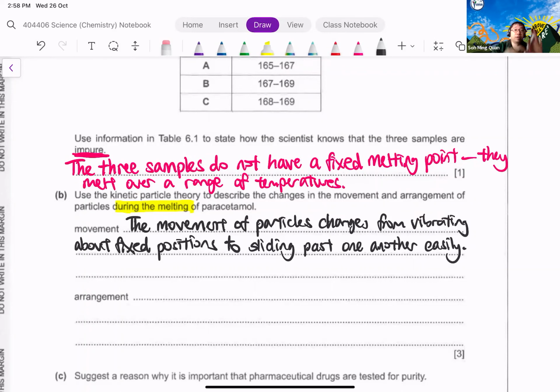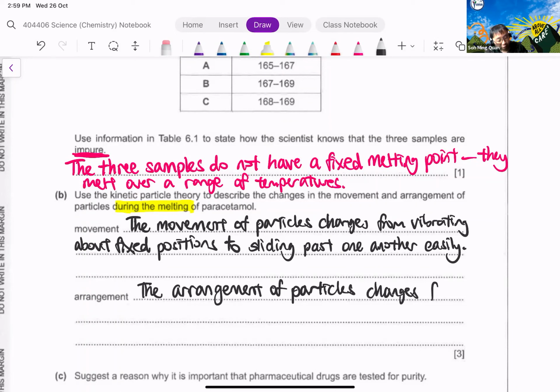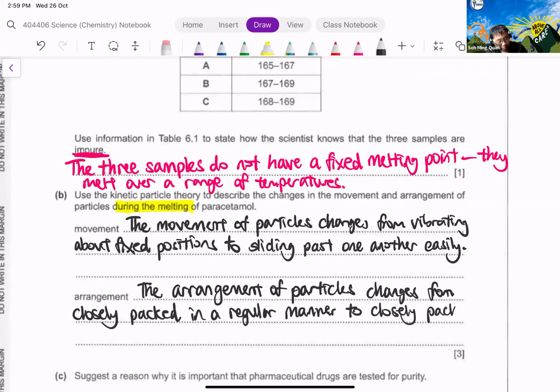So this is about movement, all right? Similarly for arrangement. Arrangement is about packing. Is it closely packed? Is it regular? So the arrangement of particles changes from closely packed in a regular manner to closely packed in an irregular manner.